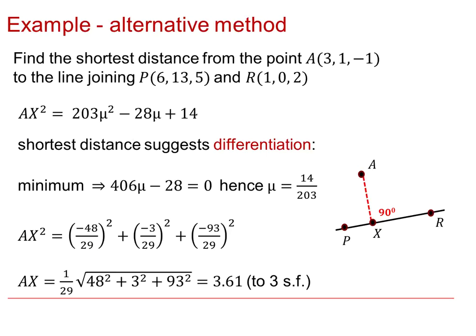So this is what we'd get by differentiating this expression here with respect to mu. Set it equal to 0, and as expected, we get the same value for mu, which fixes X. We can then use that back in this equation for AX squared and then square root it, getting the same overall result.